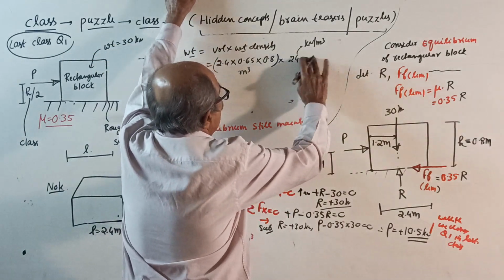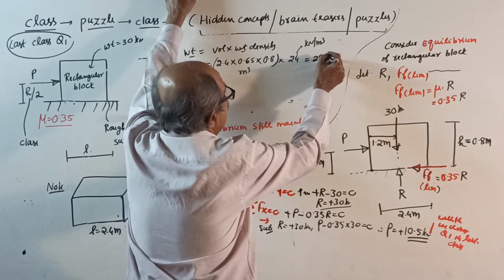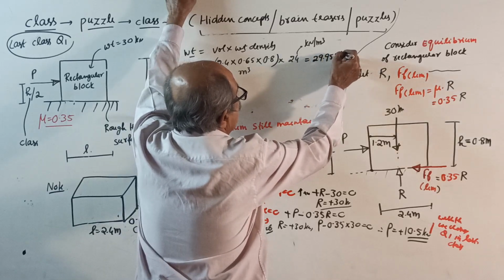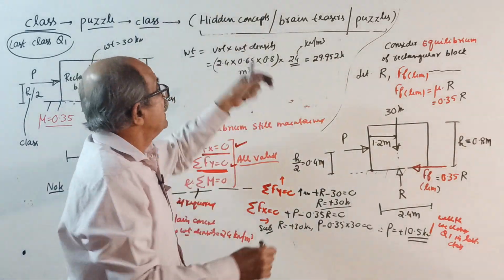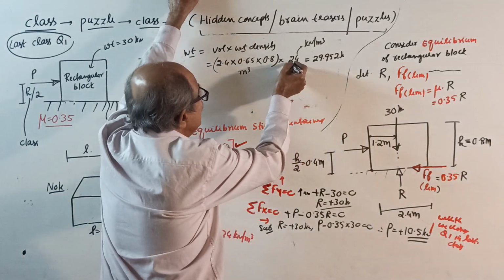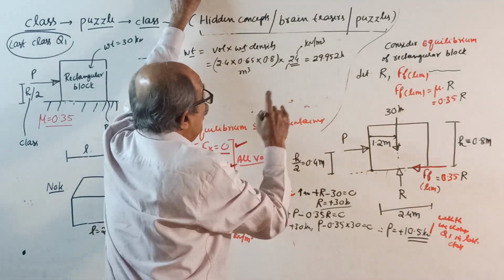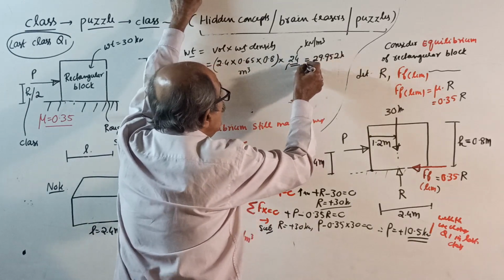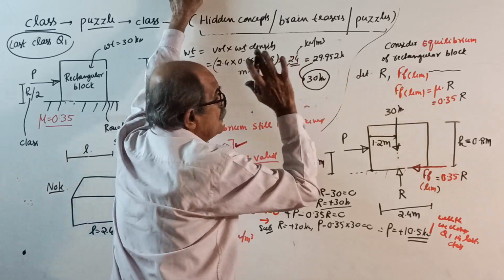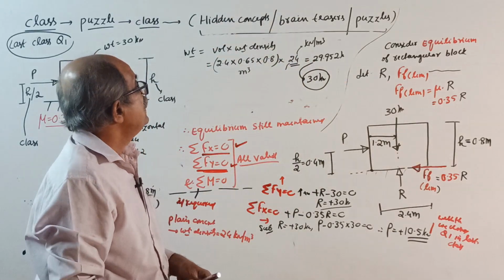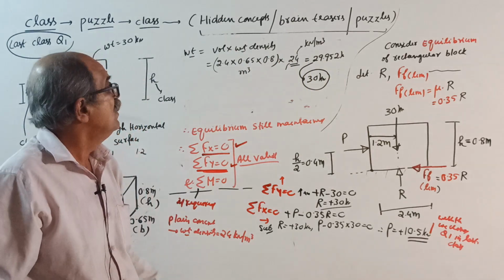See, it comes to 29.952 kilonewton, but density is not 24. Maybe density is slightly more, or it is rounded to 30 kilonewton. Now you should not bother how 30 kilonewton came. See, 29.95 kilonewton is 30 kilonewton.